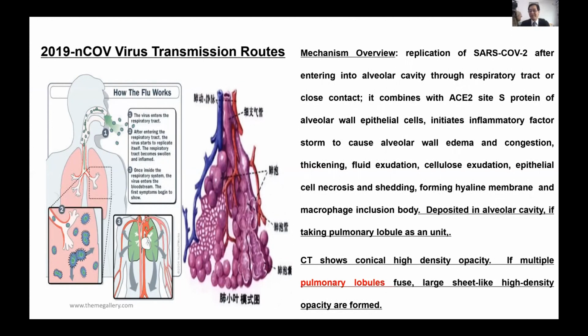Despite the alveolar cavity, taking pulmonary lobules as a unit, CT shows conical high-density opacity.